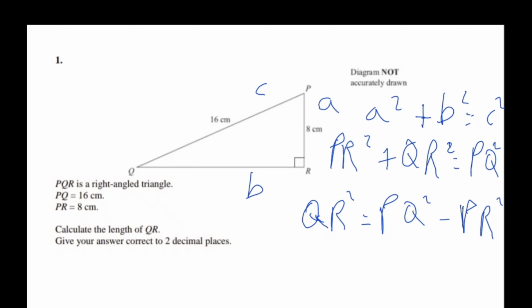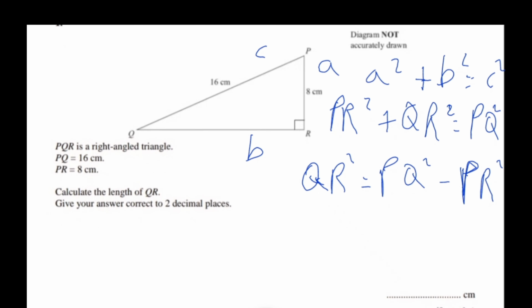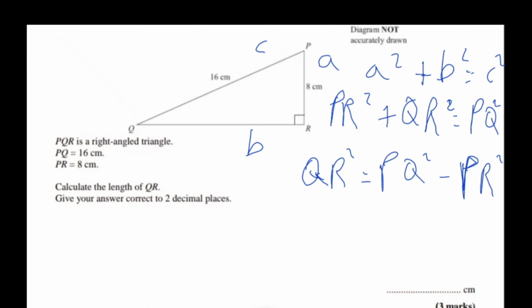We already have the values of PQ and PR, so we substitute them into the equation. We'll have QR squared equals 16 squared minus 8 squared.